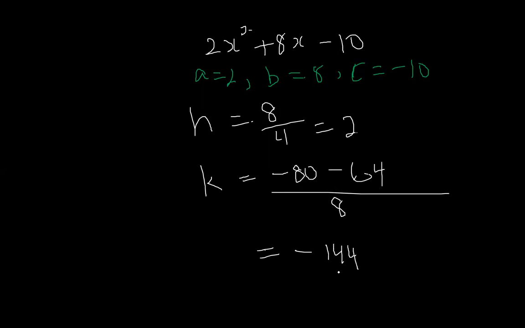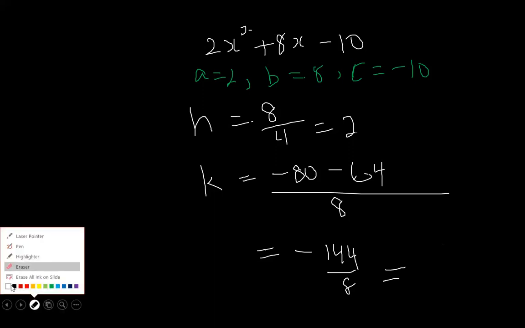All on 4a, 4 by 2 is 8. Minus 80 minus 64, that's minus 144, all over 8, and I could divide that. Could that divide by 4? No. Yes, I can. Okay, so erase this. So minus 18.